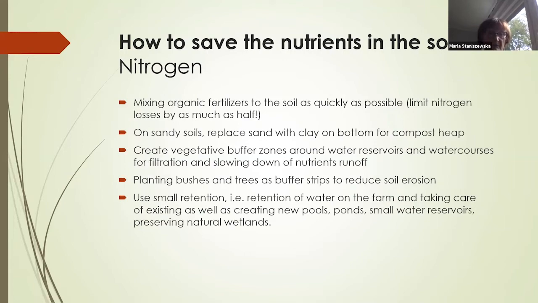Mix organic fertilizer into the soil as quickly as possible. Of course, when we use this organic fertilizer directly, we should cover it with soil to avoid nitrogen leaching to the atmosphere. On sandy soil, replace sand with clay on the bottom of the compost tip.